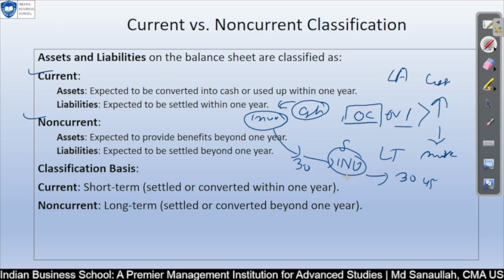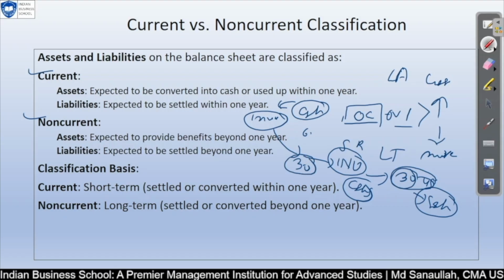Now you recognize your revenue, so your inventory has been moved to the income statement as cost of goods sold, and on the revenue side you have booked your sales. Now after 30 days you will get your cash. This cash has been generated over how long? Suppose 30 days for this and 30 days for this, that is 60 days.